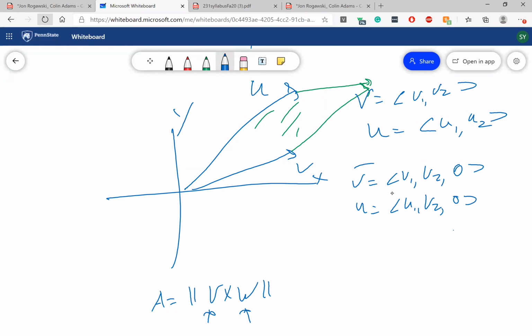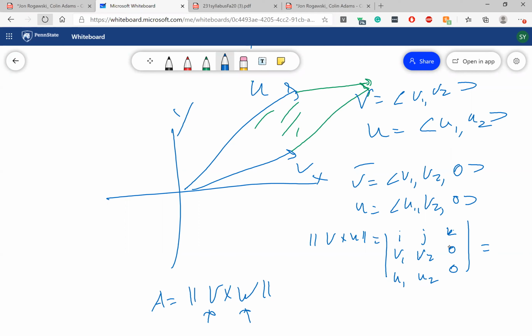Now if you want to find the area over here, that's going to be the magnitude of V cross U, which is equal to the determinant with I, J, K, then V1, V2, 0, and U1, U2, 0. Then I times the determinant of this is 0.